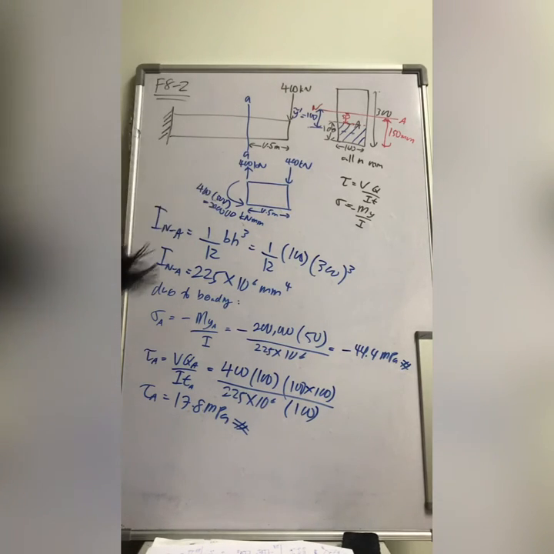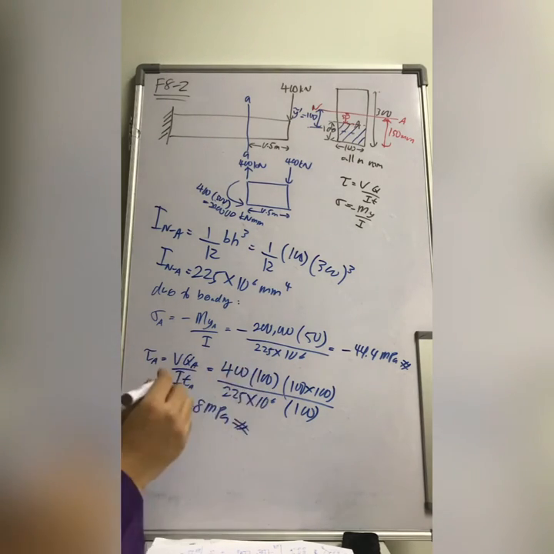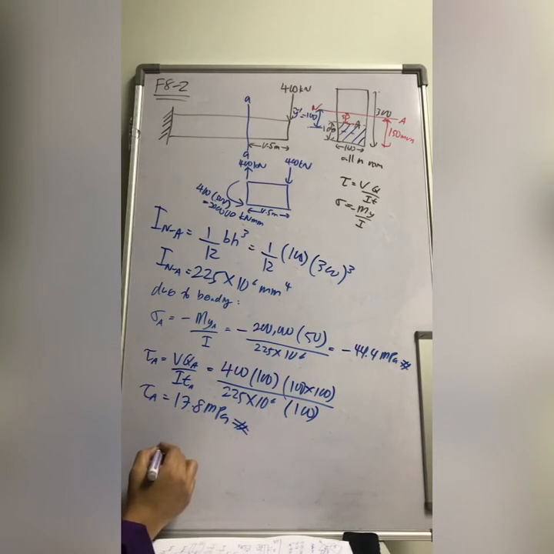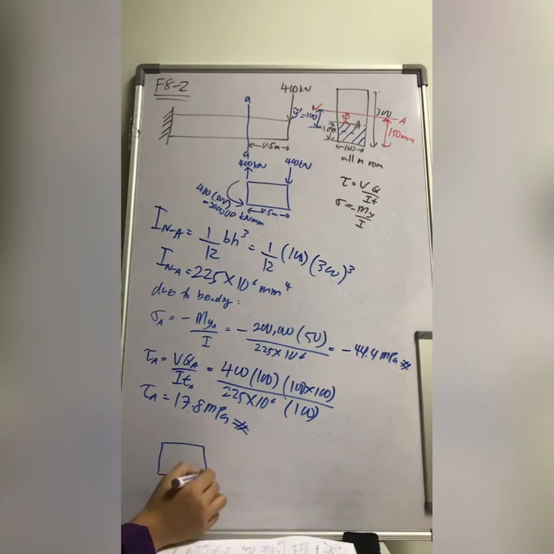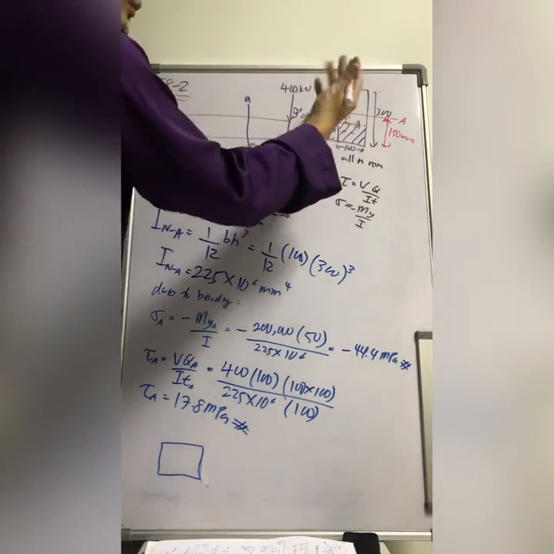So if you draw the state of stress of point A, I hope you can see. This is the surface, because this point A is the one facing you.